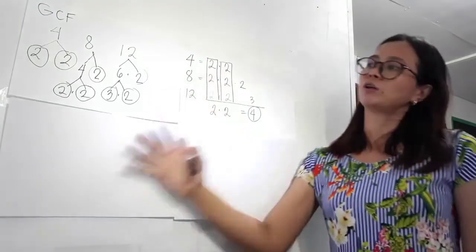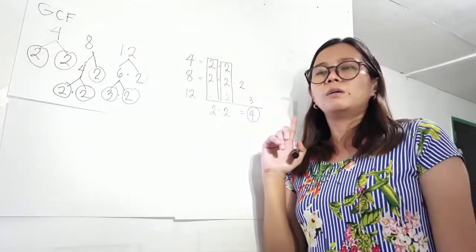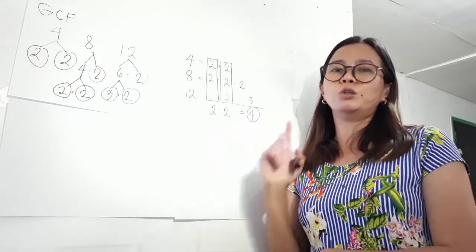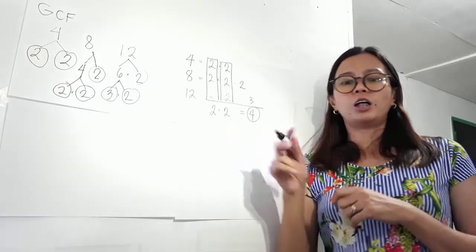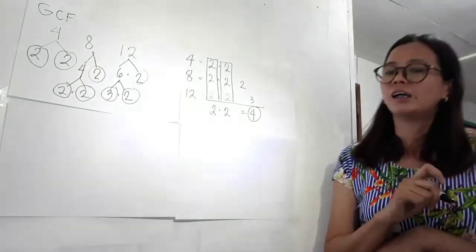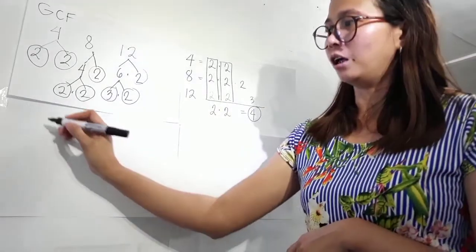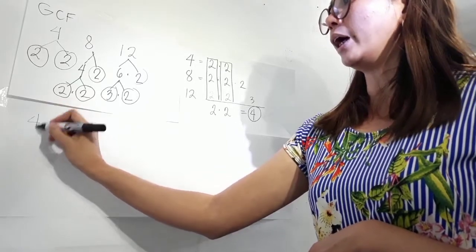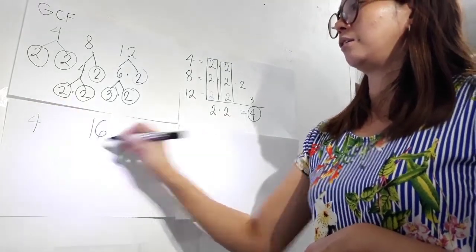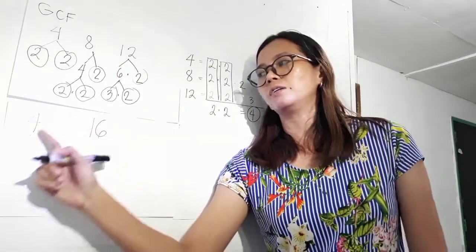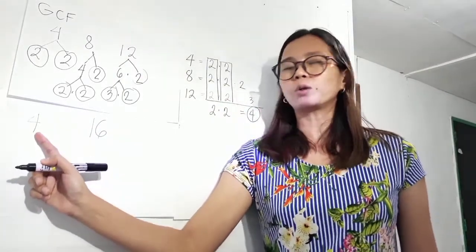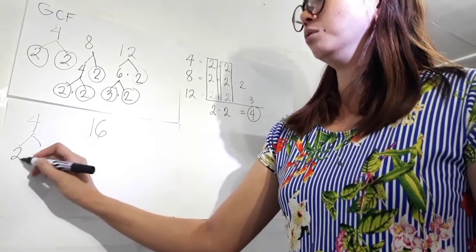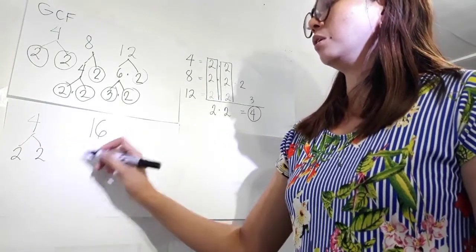This concept must be applied in getting the common monomial factors. So let's try another one. Let's say we have 4 and 16. Give me the factors of 4: we have 2 times 2.